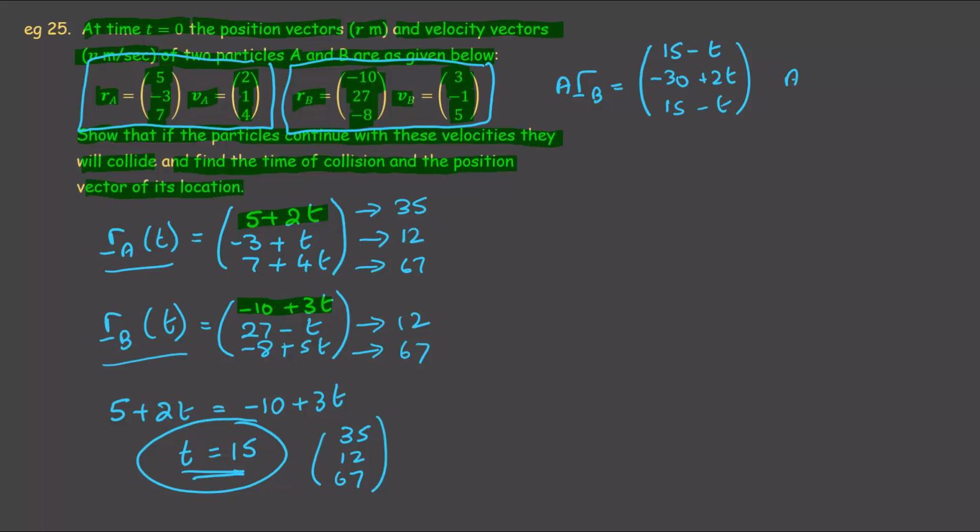And that means that the relative velocity, which we can just get from these here, is just going to be (-1, 2, -1). It's the coefficients of t in the relative displacement.